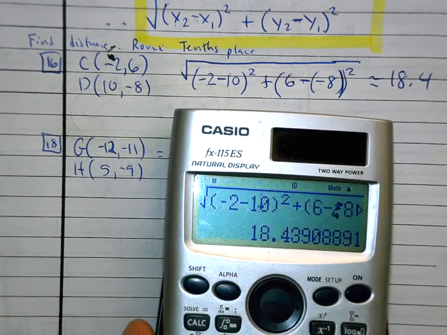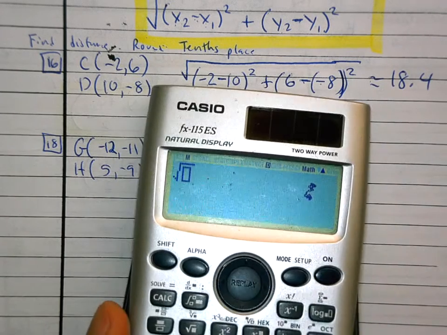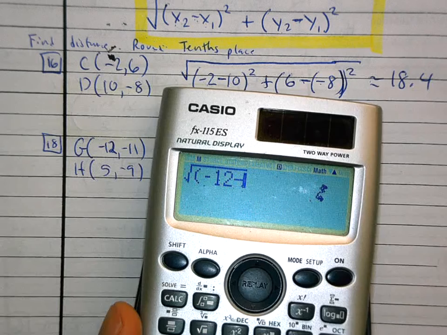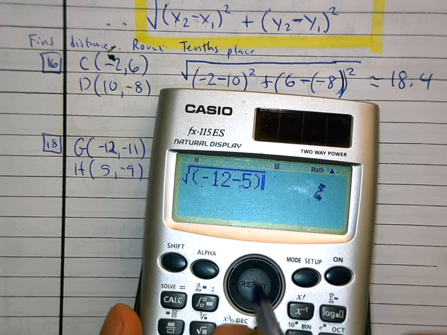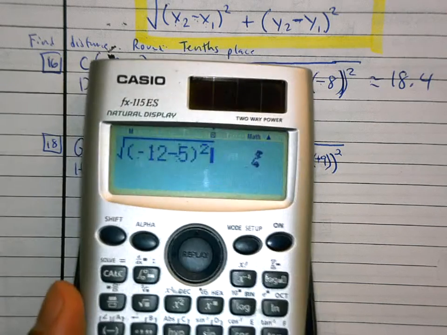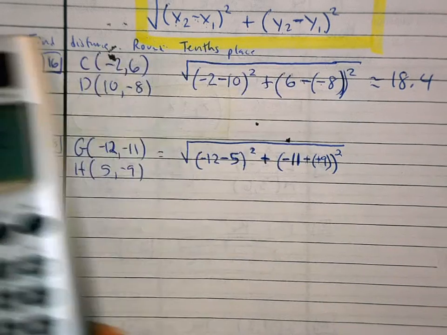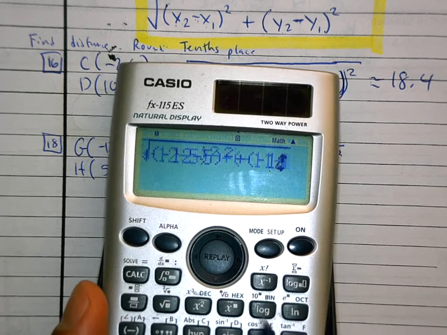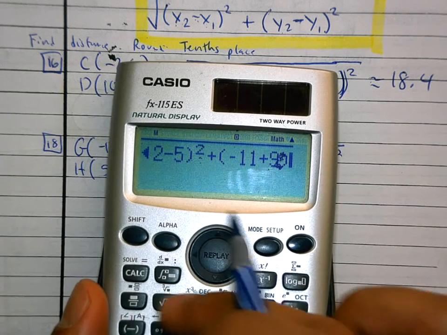Square root, parenthesis, negative 12, minus 5, end of parenthesis, squared. Plus, parenthesis, negative 11, minus negative 9, end of parenthesis, squared.